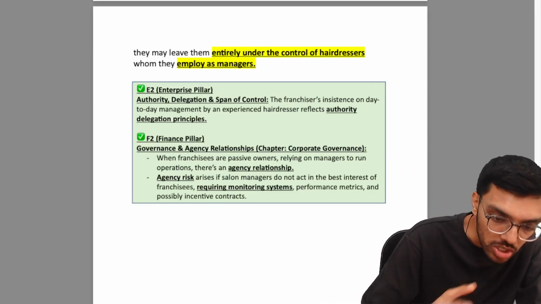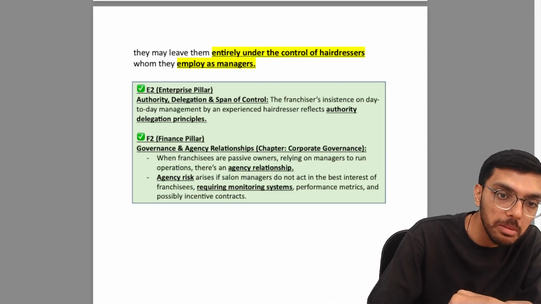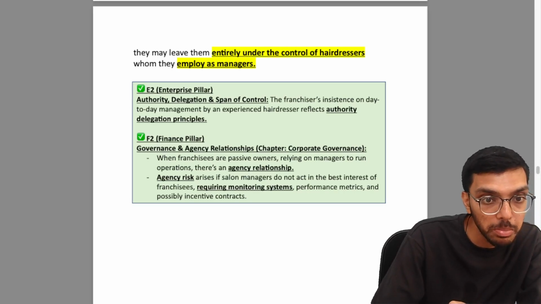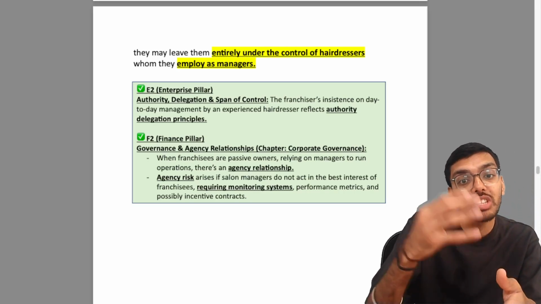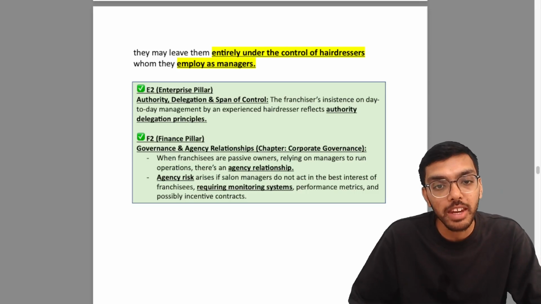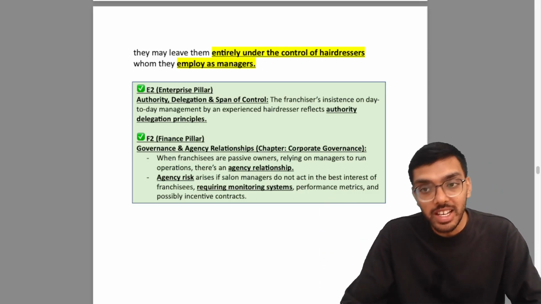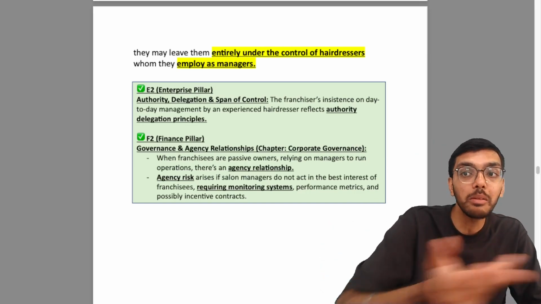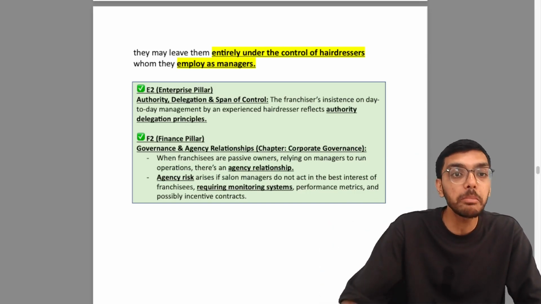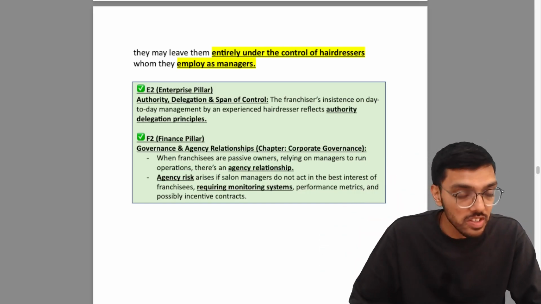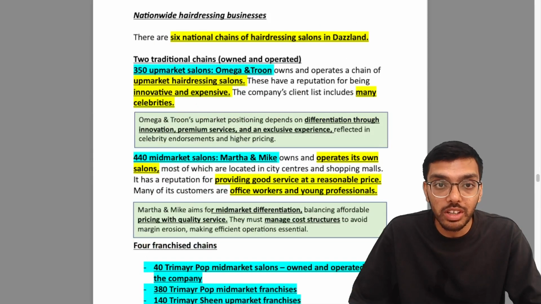So the agency relationship will be important to keep in mind, because agency risk arises if salon managers do not act in the best interest of the franchisee. If the franchisee doesn't make money, then Trimayr will not receive royalties, will not make money. So this agency issue is something that I wanted to discuss over here.